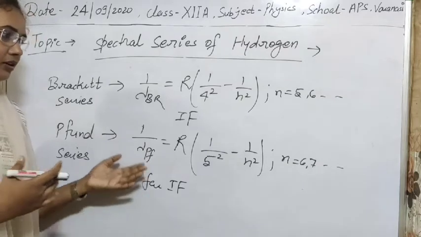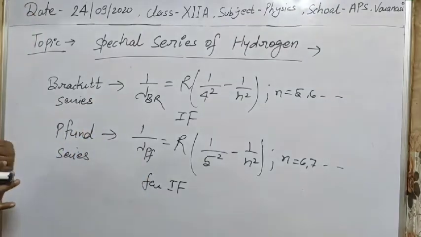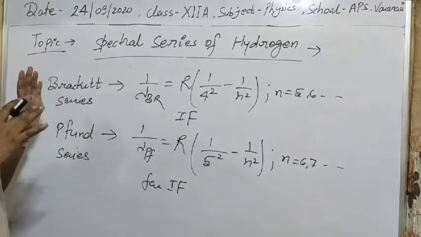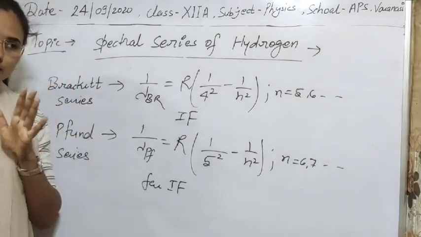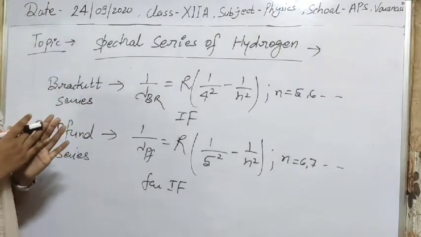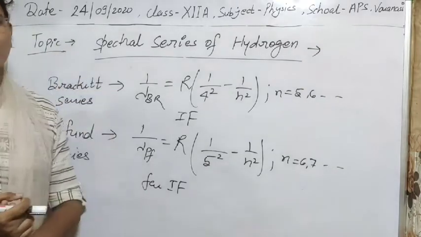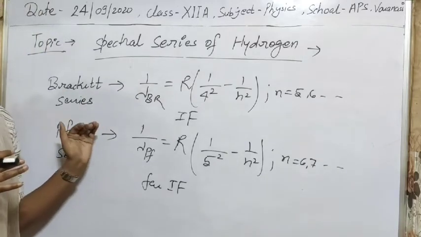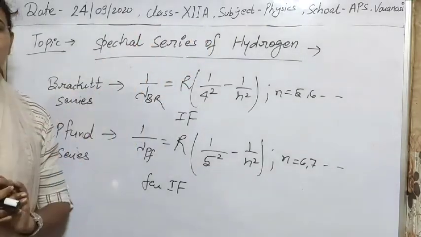Okay. You can also see the wavelength of these lights from the chart of wavelengths of electromagnetic waves. So there are basically 5 types of series obtained, and these are known as the spectral series of hydrogen: Lyman, Balmer, Paschen, Brackett, Pfund.